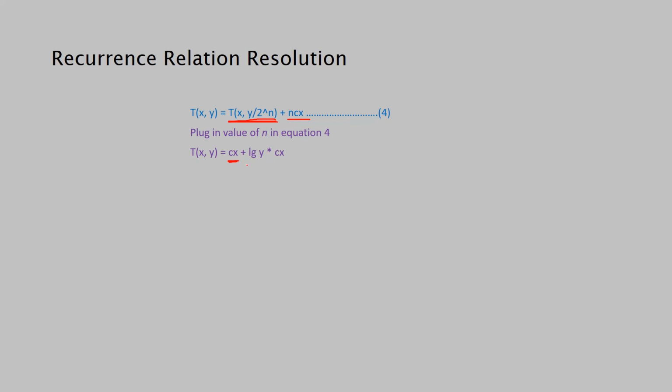The value of n is log base 2 of y into cx. So in theta notation we know that we get rid of the lower order term, so cx is the lower order term here, so we get rid of cx, and the theta notation becomes theta of x into log base 2 of y.